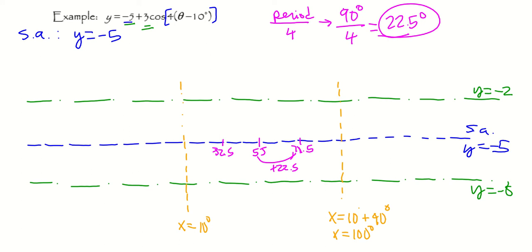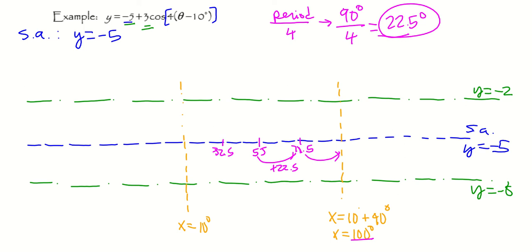And if I add 22.5 to that, then I'm at 100 degrees, which is exactly where I wanted to be. Again, I'm going to do these in pencil because I'm going to come back and erase them.